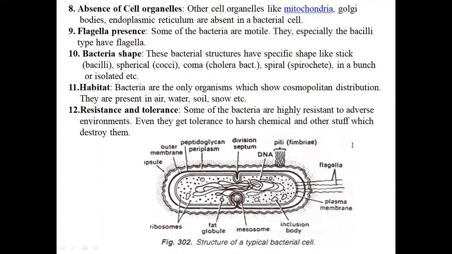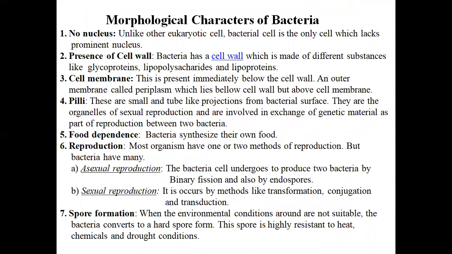These pili can be present at any part of the bacterial cell in the form of hairy structures, extra projections from the bacterial surface, and they majorly play a role in sexual reproduction for the exchange of genetic material.